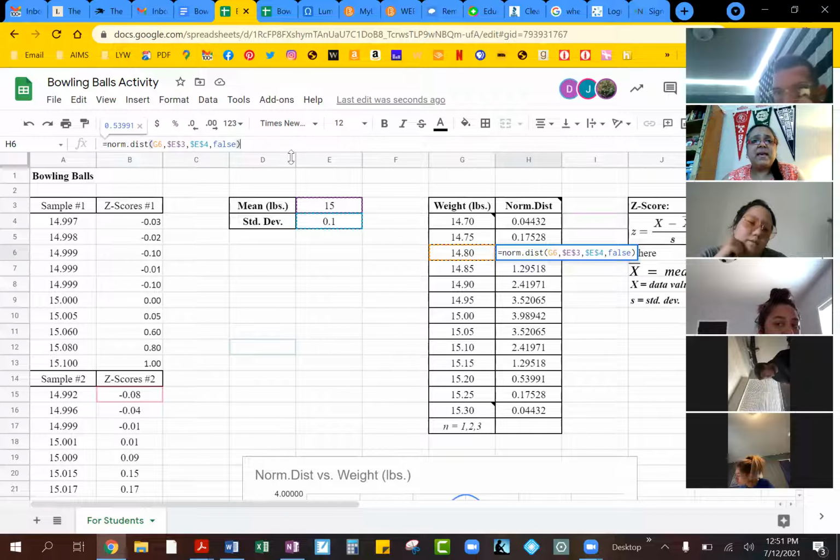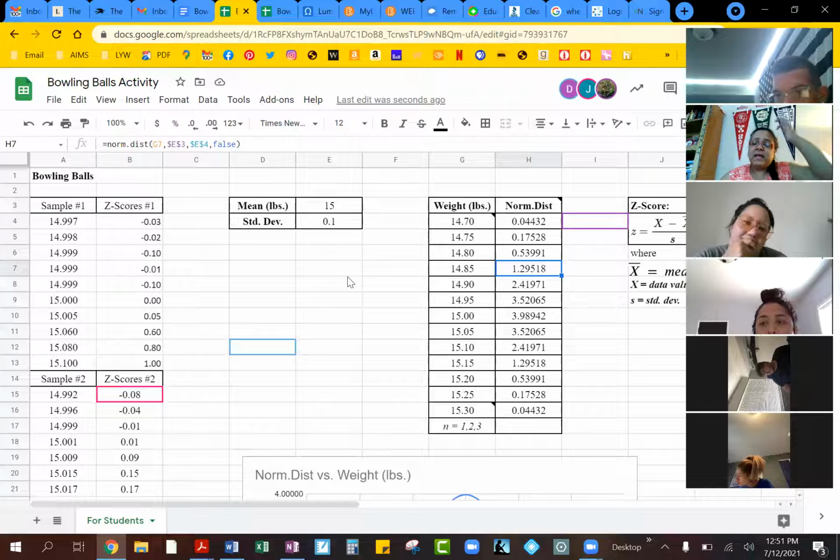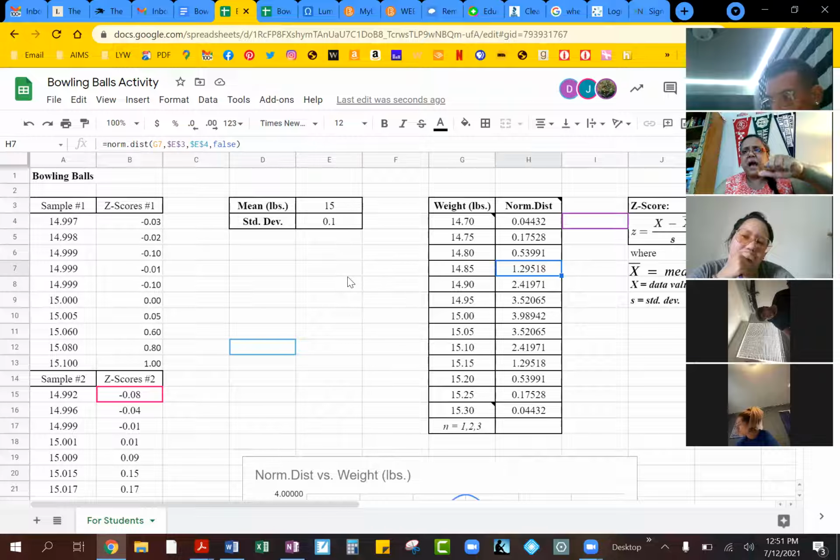And the false is, I am entirely not sure why the false is there, because I basically did a Google search to see how I would draw the normal curve. And in that, everybody had the parameter of false in that last one.